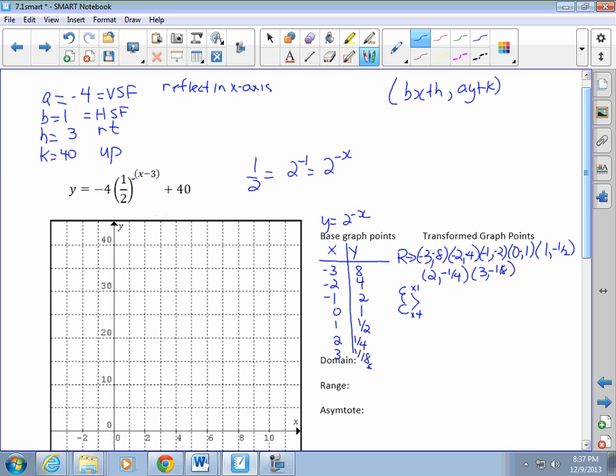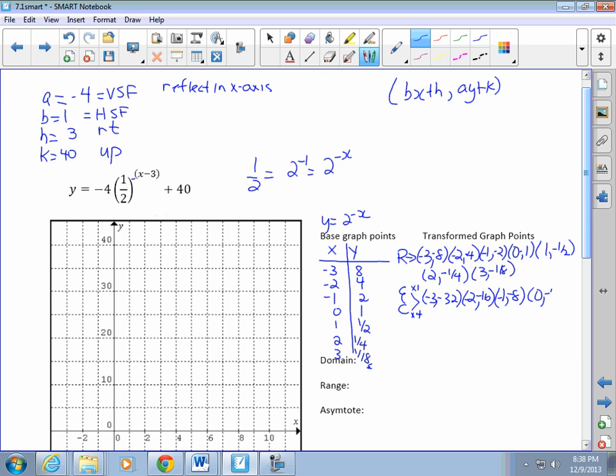So the X times 1 and the Y times 4. So all my X's just stay the same because they're multiplied by +1. -8 times 4 is -32. So -2 and -4 times 4 is -16. -1 and -2 times 4 is -8.